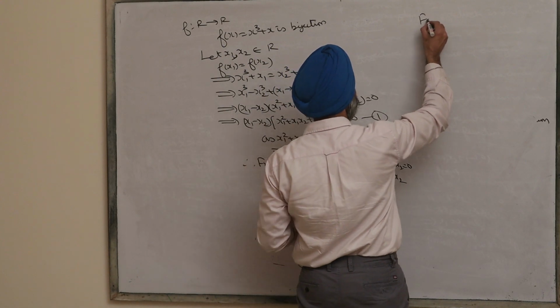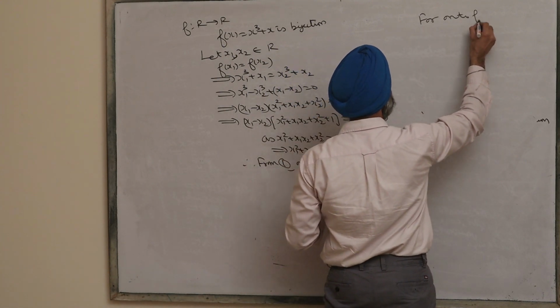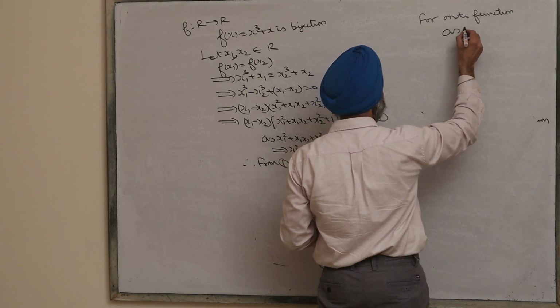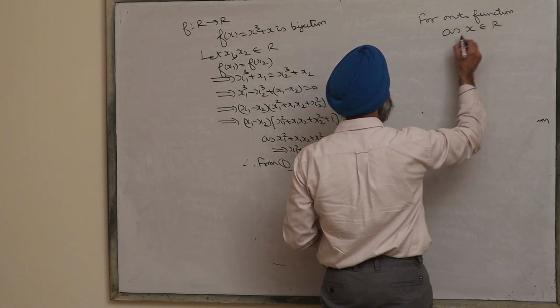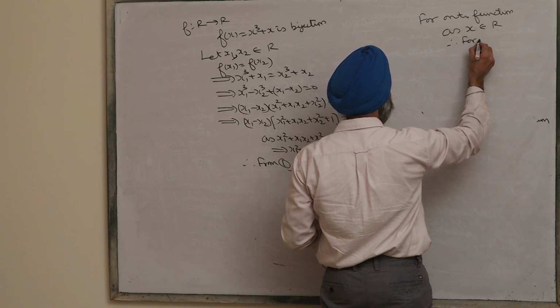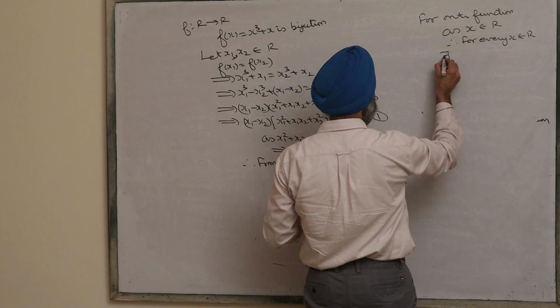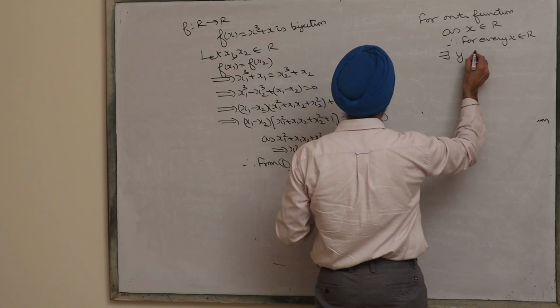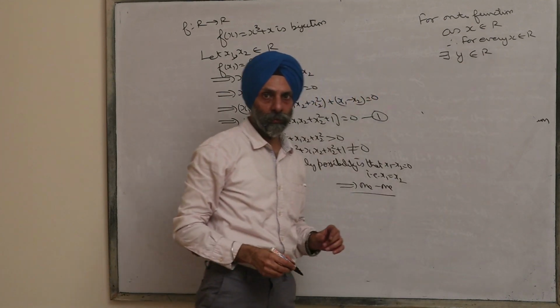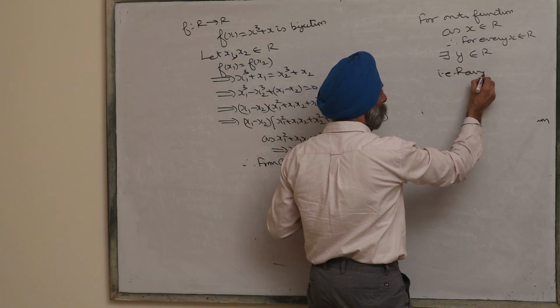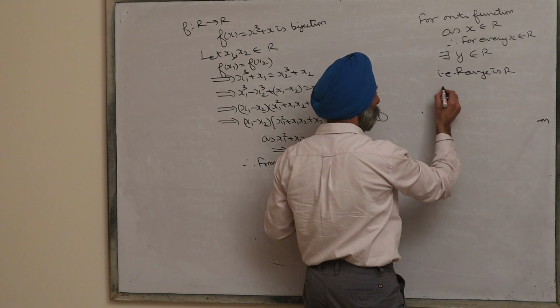Now for onto function, as x belongs to R, for every x belonging to R there exists y belonging to R. That is, the range is the whole of the real line.